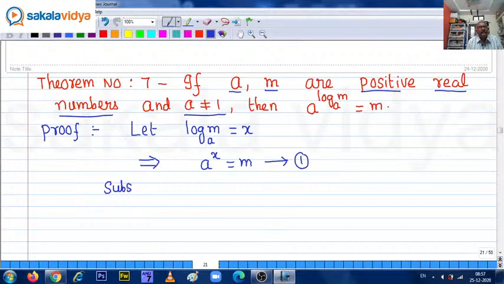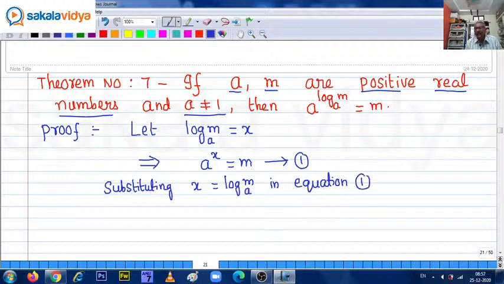Substituting x is equal to log m to the base a in equation 1, let us see what we get. Therefore we get a raised to log m to the base a equals m.